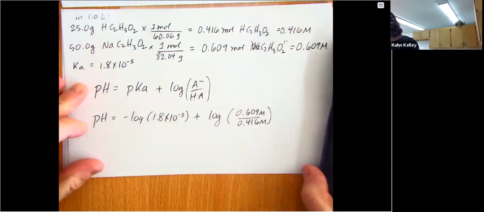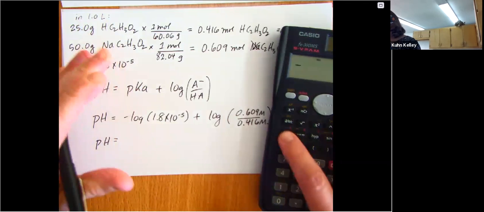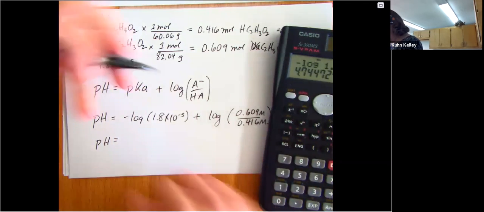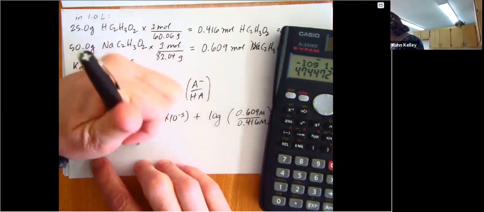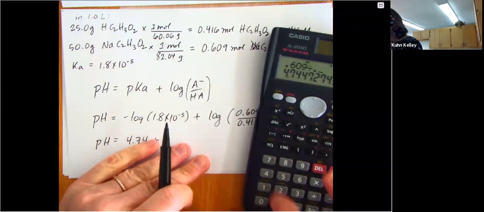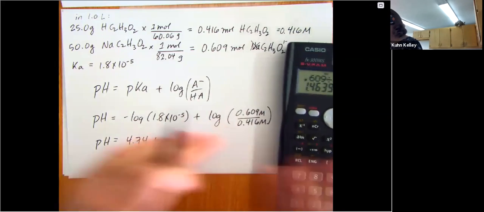And when I put this all in, the negative log of 1.8 times 10 to the negative fifth is 4.74. 0.609 divided by 0.416 gives me 1.46.